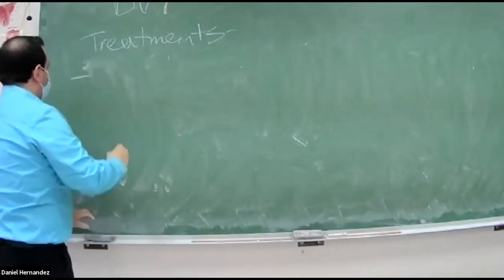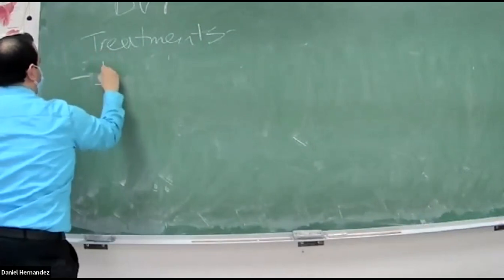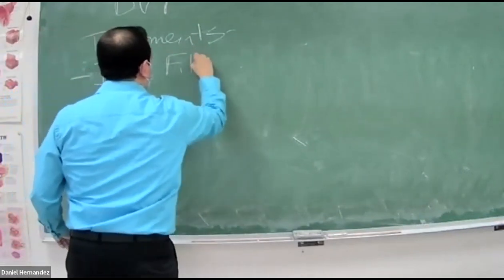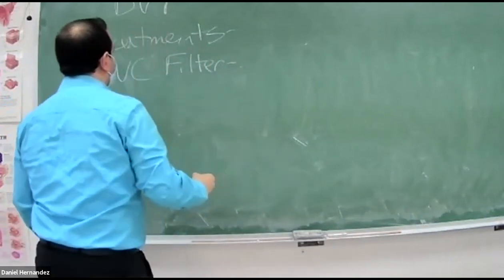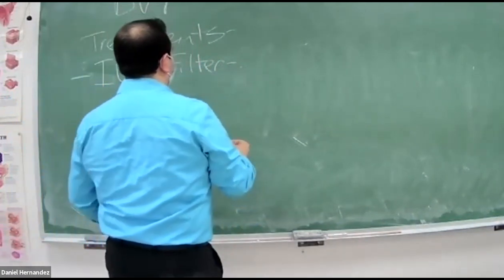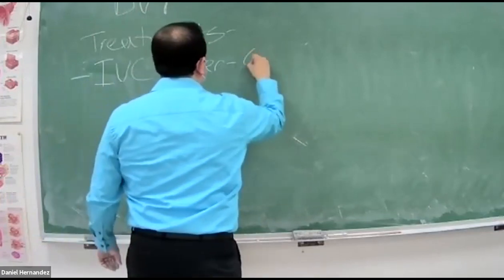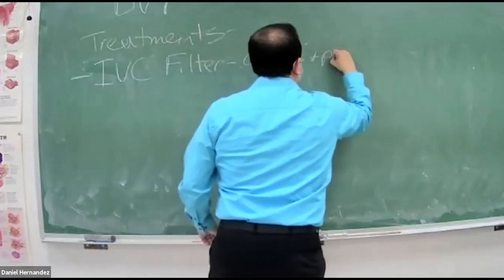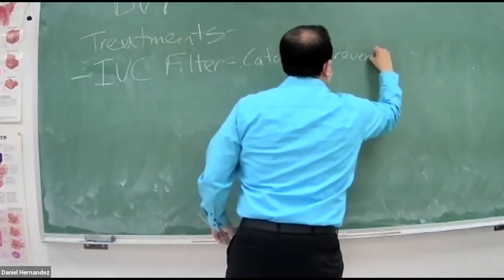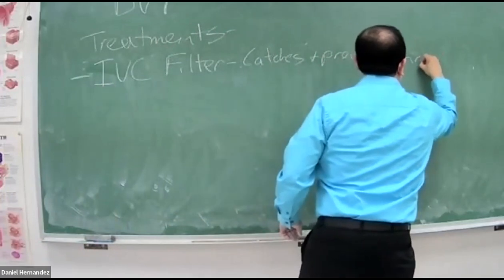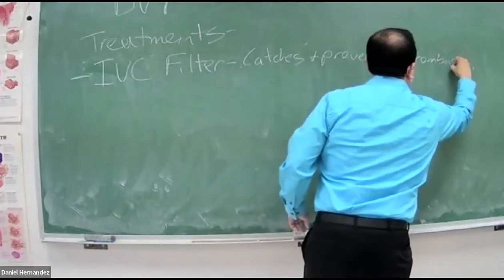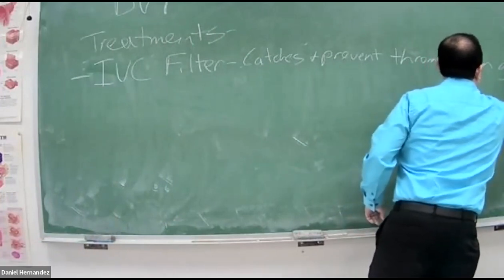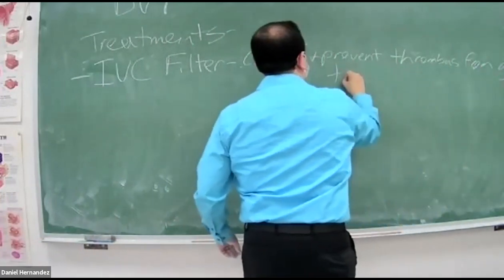Another potential treatment could be an IVC filter. So this catches and prevents thrombus from going to lungs.